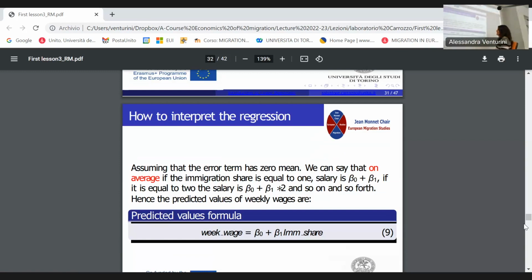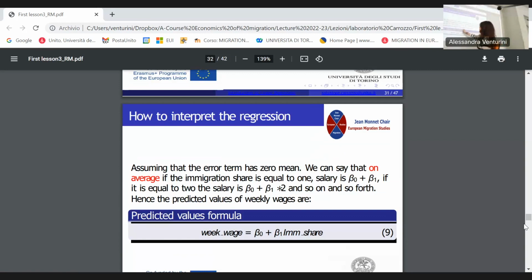It's just an assumption. Assuming that the error term has zero mean, we can say that on average, if the immigration share is equal to 1, the salary is beta 0 plus beta 1. If it's equal to 2, the salary is beta 0 plus beta 1 times 2. And so on and so forth.